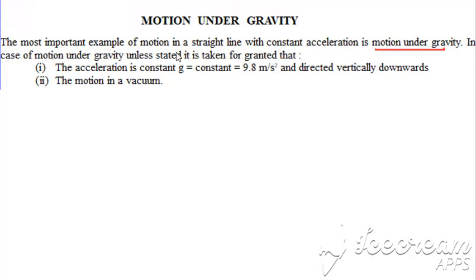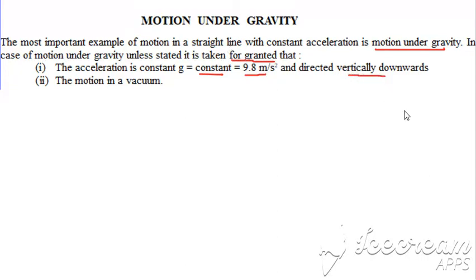In this type of questions, until and unless stated, we will take something for granted. The first thing we are going to consider is that acceleration due to gravity is a constant. This has a constant magnitude which is 9.8 meter per second square, as well as the direction which is vertically downside.